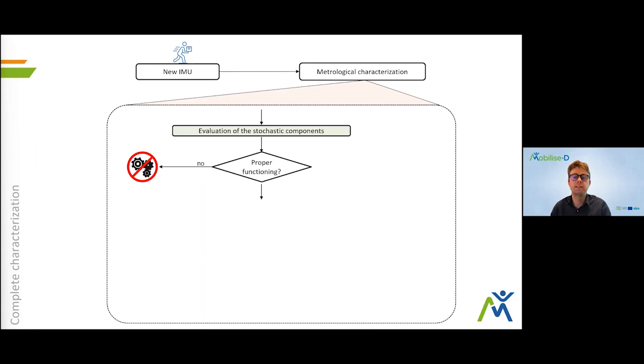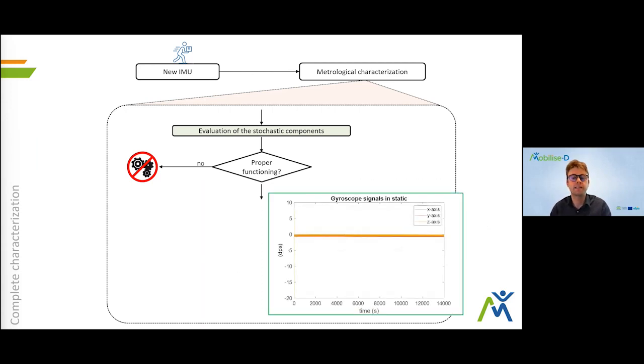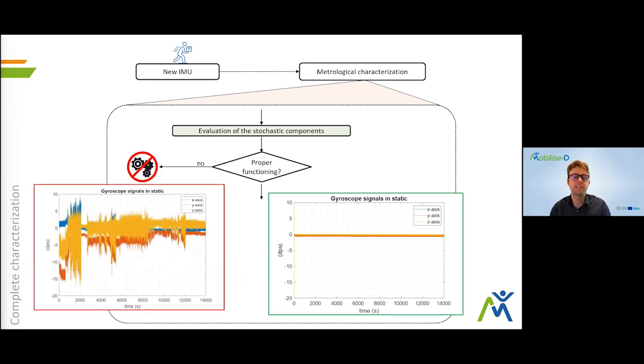First of all, the stochastic component is assessed and allows us to spot a non-working device, if any. For example, the right chart represents the expected signals of a static gyroscope, while the red charts represent the signals of a non-working gyroscope, which are meaningless since the IMU wasn't static.